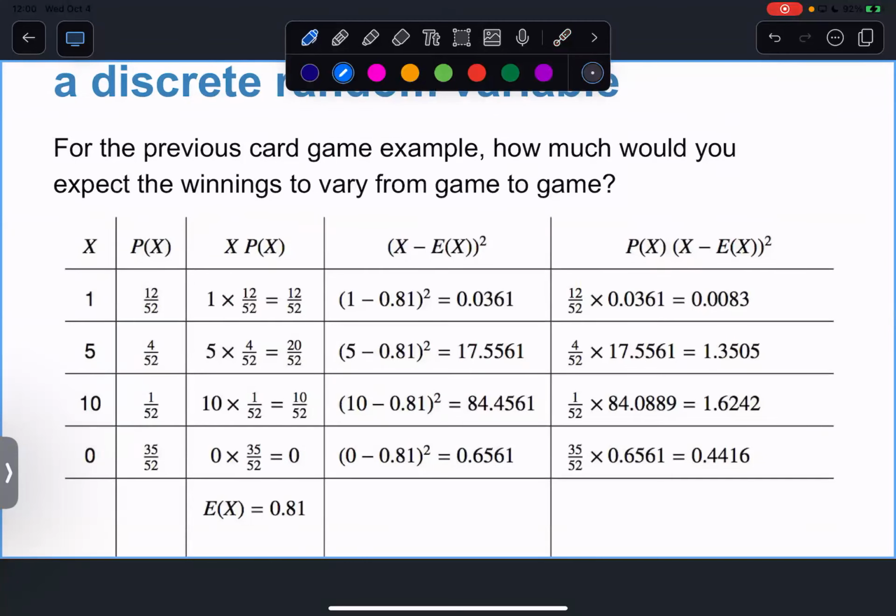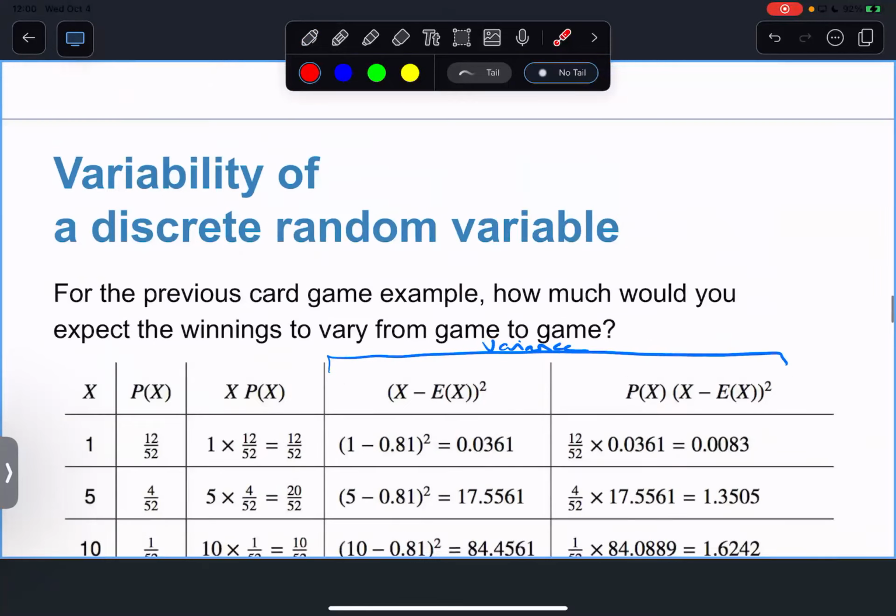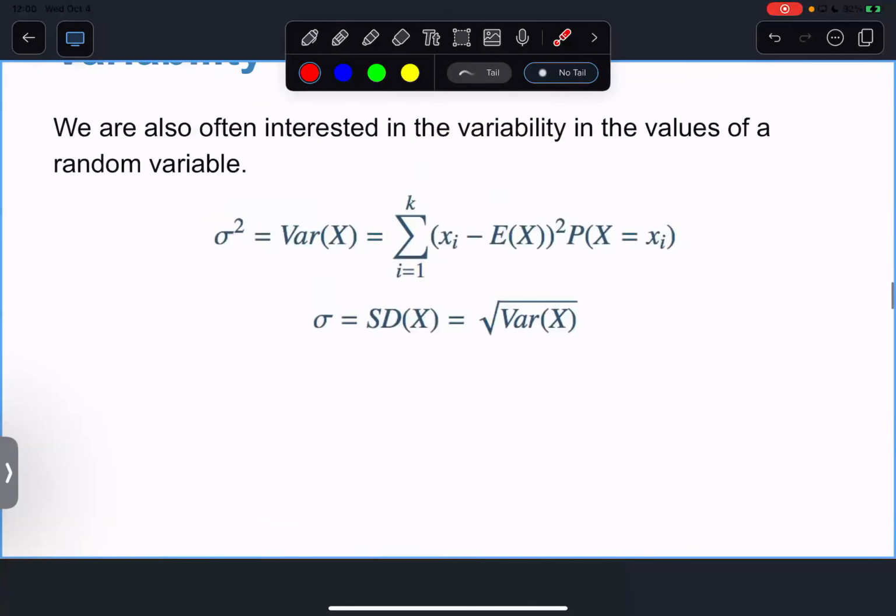All right, so this portion is for finding the variance. If we break it up, this formula here, we need the sum of each of the outcomes minus the mean and then square it. So I like to break it up into multiple columns, but it takes up a lot of space.